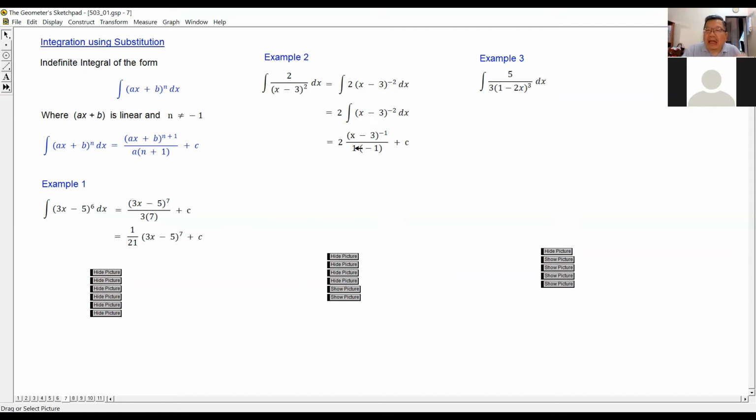So make it a habit to put a 1 there, even though the value is still the same. Just in case, like here, if the number is 3, then you have to put 3 in front. Here the number in front of x is 1, so you put 1 in front.